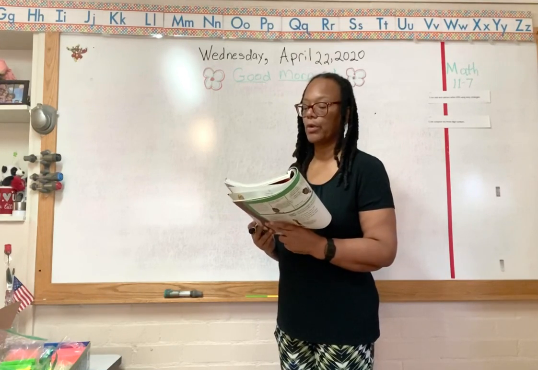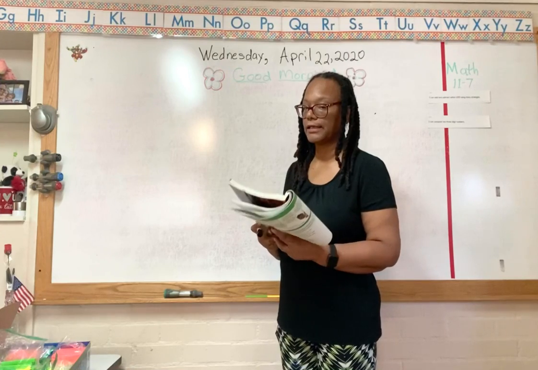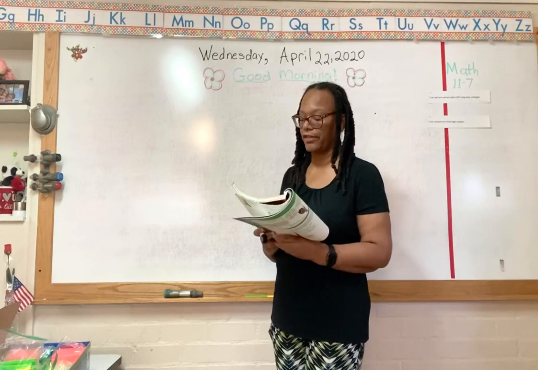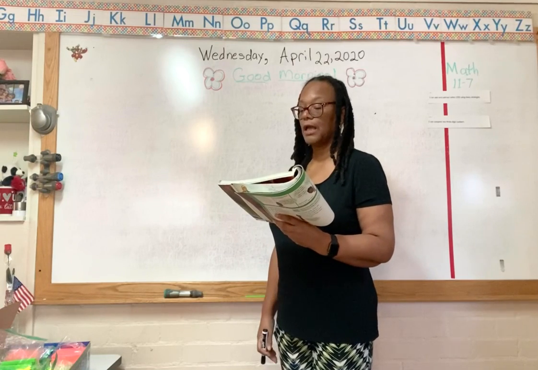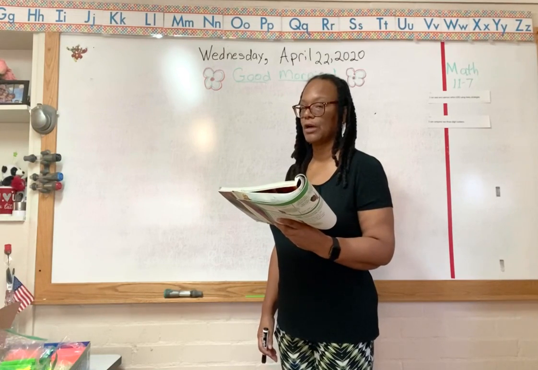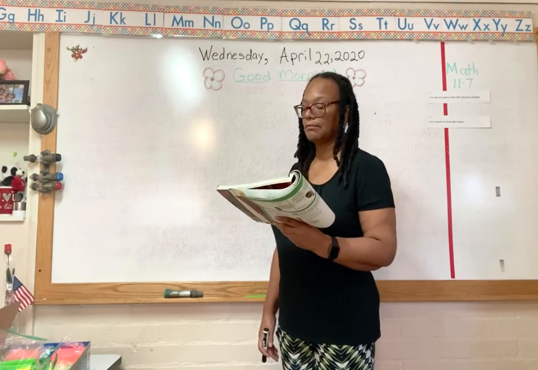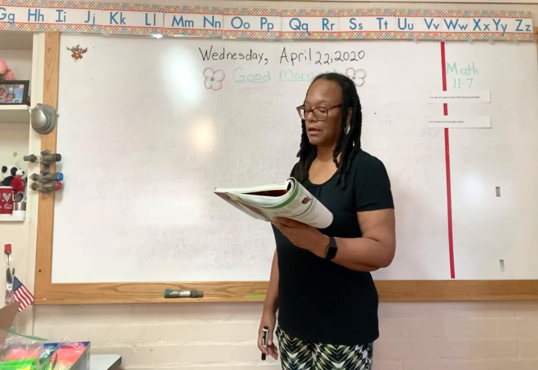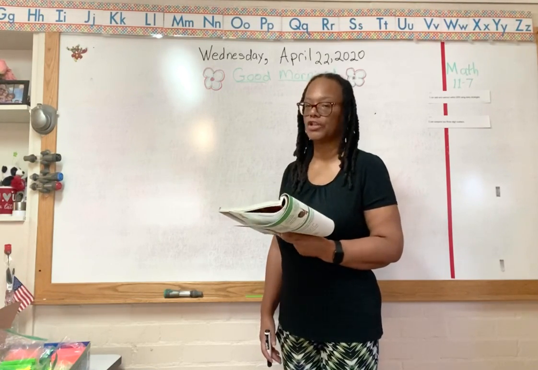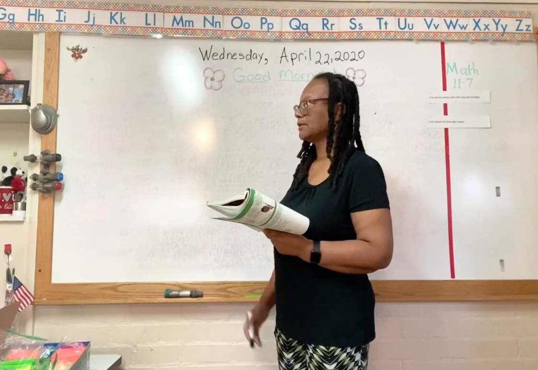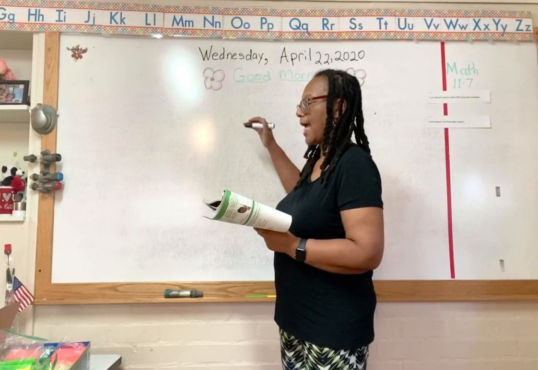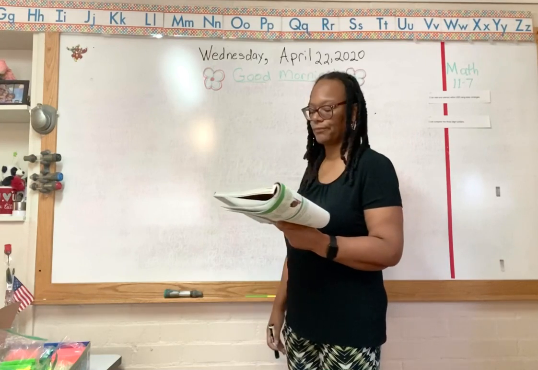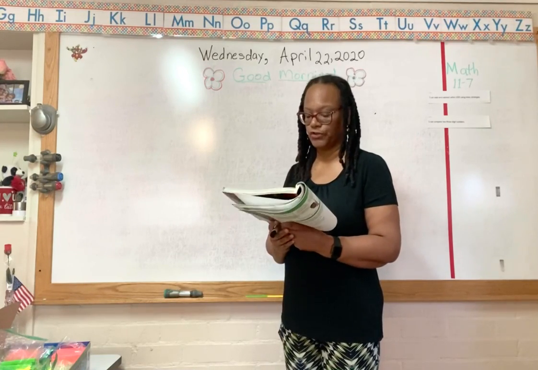A mule deer weighs what? 198, and it says 2 of them. So add that together. A black bear weighs 270. Put the largest number at the top, and then the next number and subtract. See what you get.